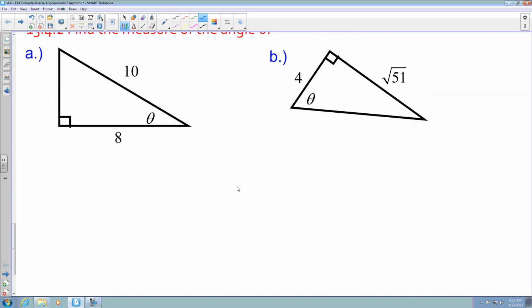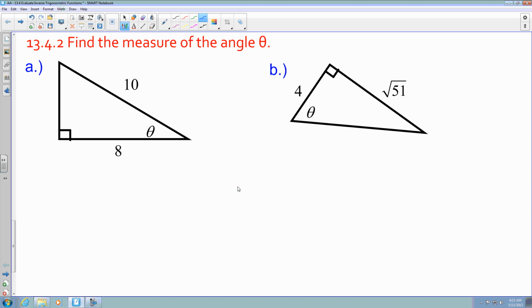The last thing is to be able to find the measure of angle theta. Going back to the definitions of each of those trig functions will help us determine what that angle theta is. For both examples A and B, they give us two measurements. For A, one leg is 8 units and the hypotenuse is 10 units. My theta is right here, so this is adjacent to theta, and this is my hypotenuse.